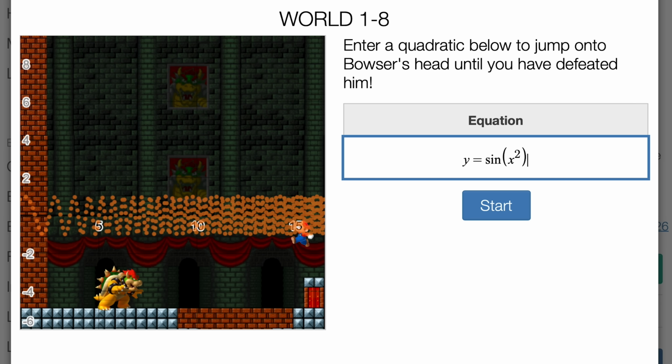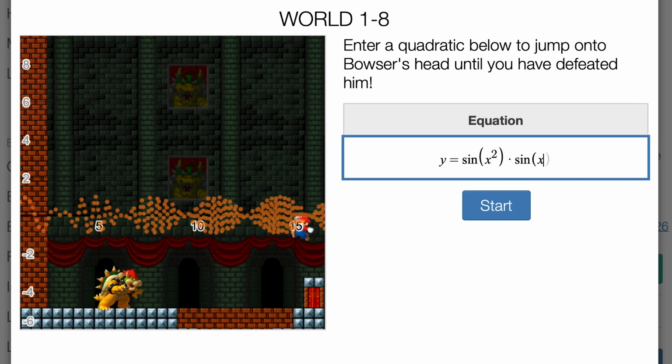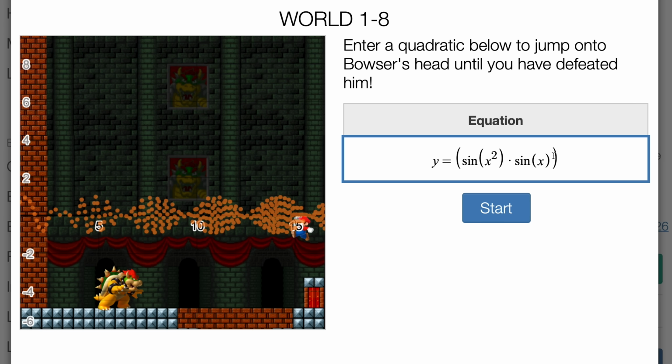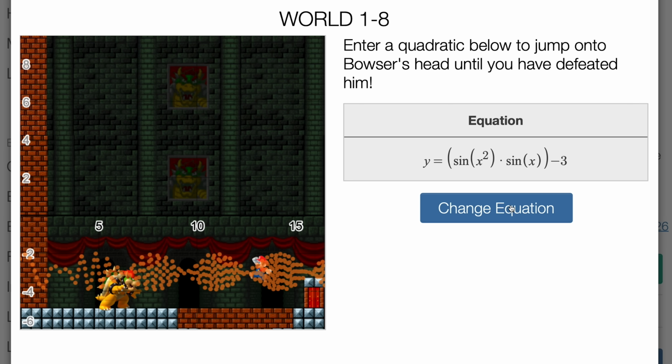I wonder, is there a way to rotate this? What if I multiply it by another sine function? Ooh, that looks pretty sweet. But it's not hitting Bowser. So let's move it down a little bit. I'm going to take this whole equation and subtract 3. Yeah. Start.